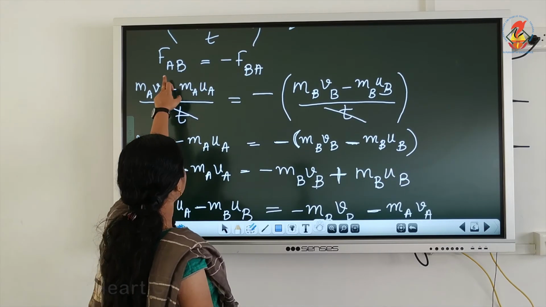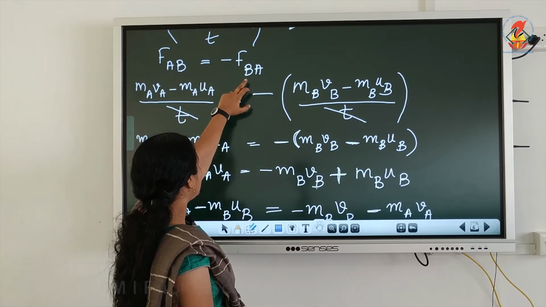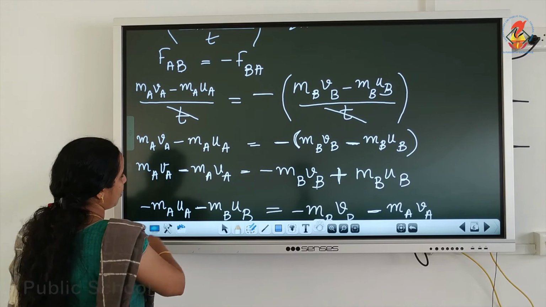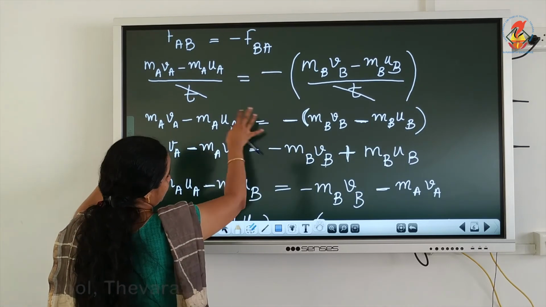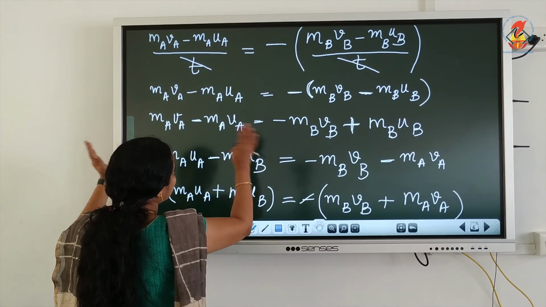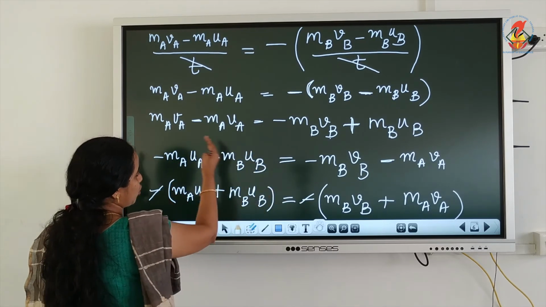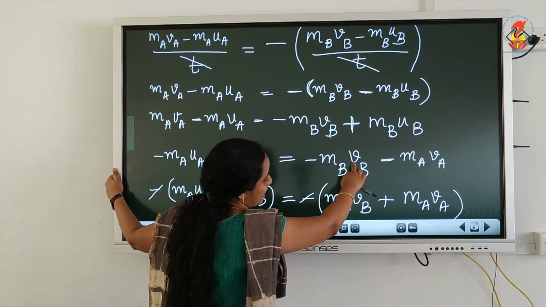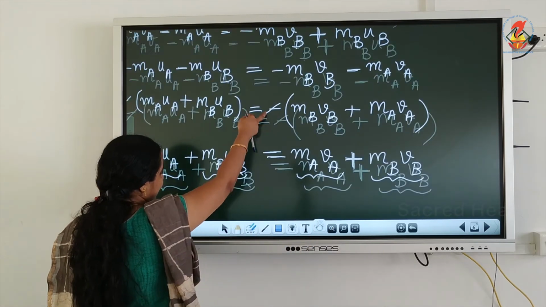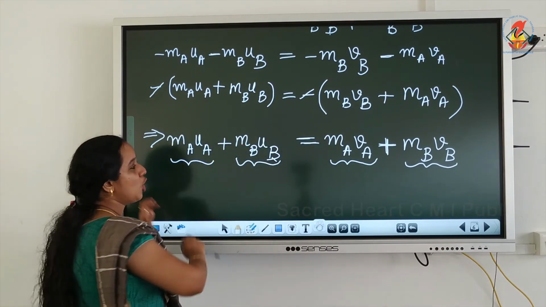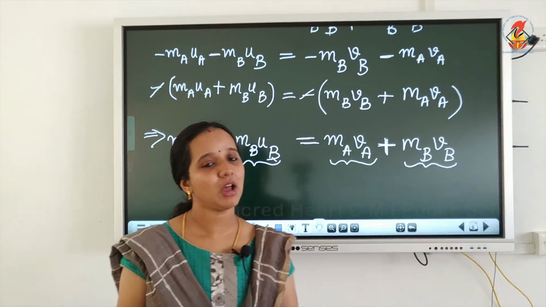So, we just substituted FAB and FBA in the equation of Newton's third law. Remaining all the steps are just simplification, just rearrangements. We just took all the terms having u to one side and all the terms having v to the other side, and finally derived the equation for the law of conservation of momentum.